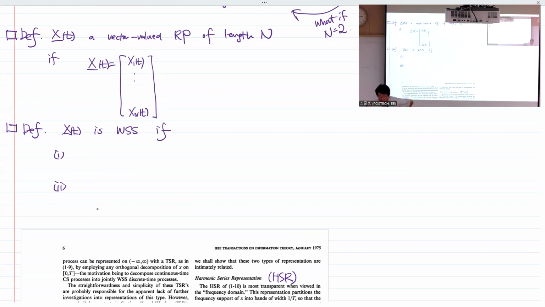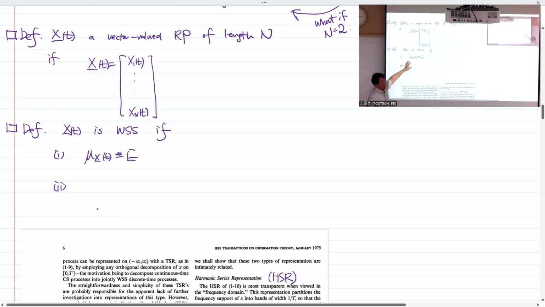Definitely, you want to, this notation I really hate, because in LaTeX, it is not allowed to put underscore in a Greek letter or something. So anyway, here, mu sub x underscore t means that it's a vector valued mean path. Got it?